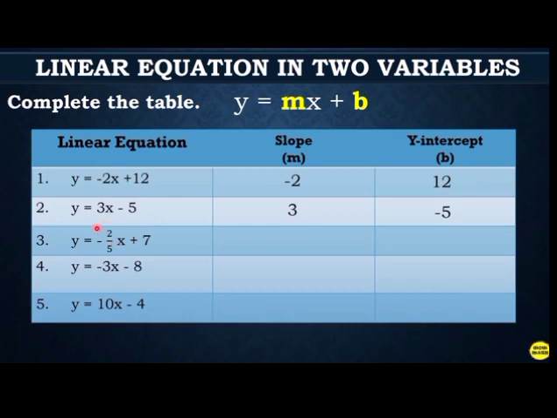Next, the slope is negative 2 over 5 and the y-intercept is 7. Next, the slope is negative 3 and the y-intercept is negative 8. Next, the slope is 10 and the y-intercept is negative 4.